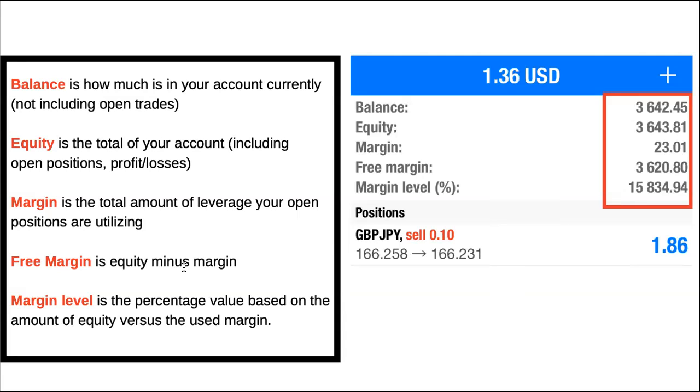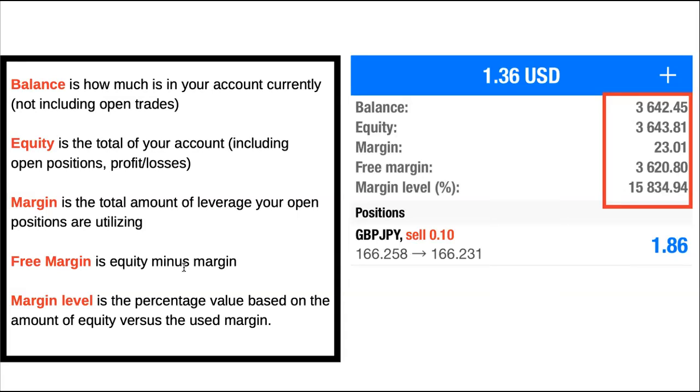So whenever you go into the negative in your account, you want to start liquidating positions and closing out some of those trades, because typically when your broker does a margin call, they're going to close out the largest trades first.